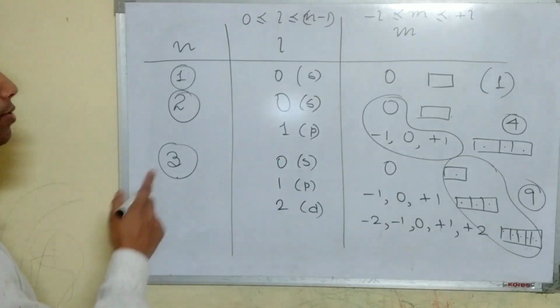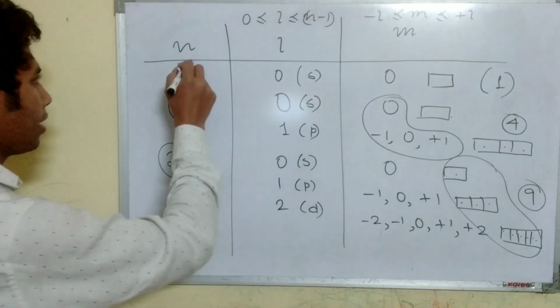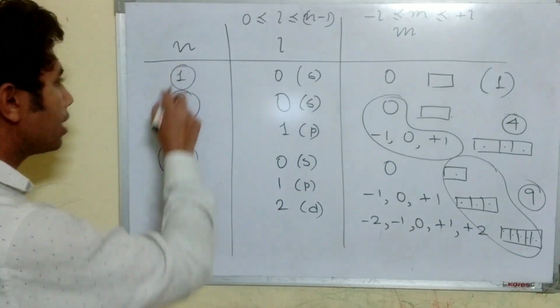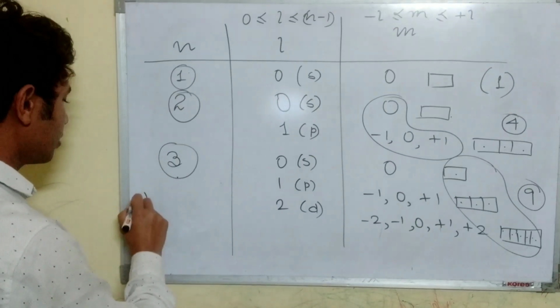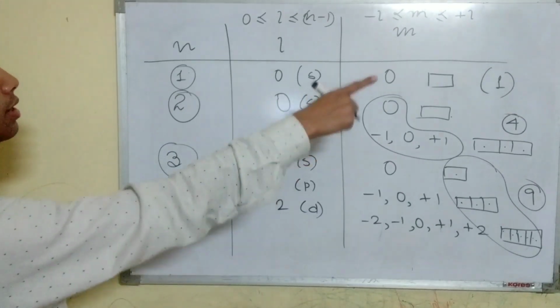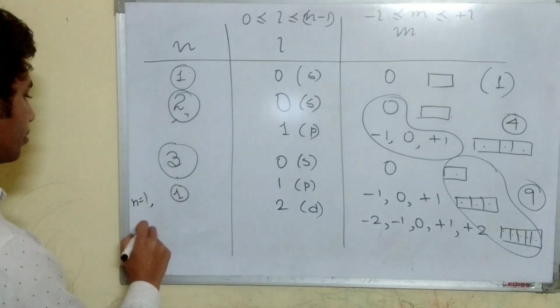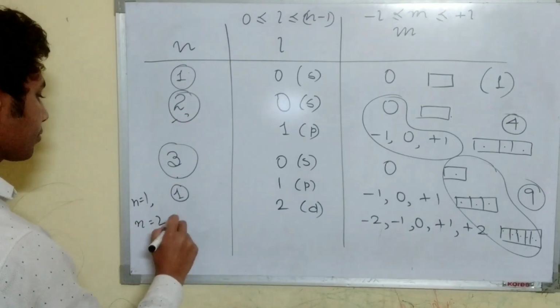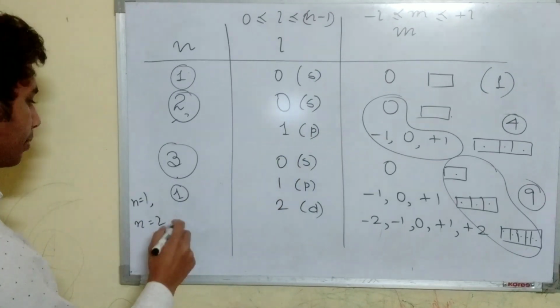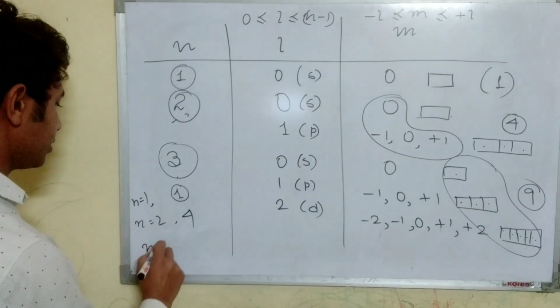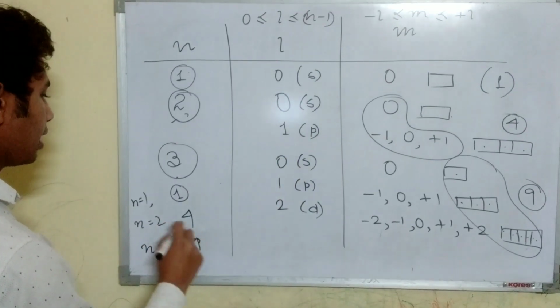Means for shell n is equal to 1, we are getting number of orbitals 1. For n is equal to 2, total number of orbitals is 4. For n is equal to 3, we are getting 9.